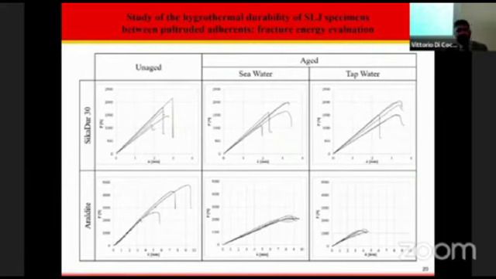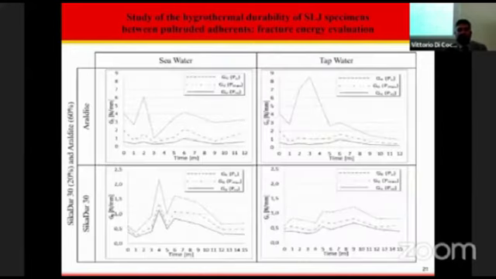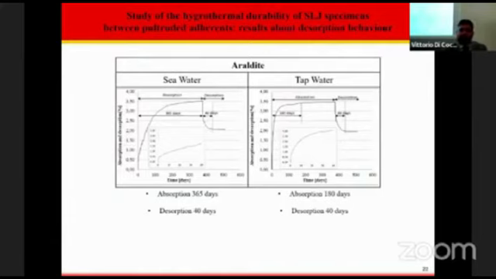As is possible to see, we don't have a great decrease in terms of strength and stiffness for specimens with the Sikadur 30, but we have a sensible decrease in terms of strength and stiffness when we use Araldite adhesives. If we make a graph of fracture energy over the time, we can see that we have a reduction in terms of fracture energy of 20% for Sikadur 30 and 60% for Araldite.